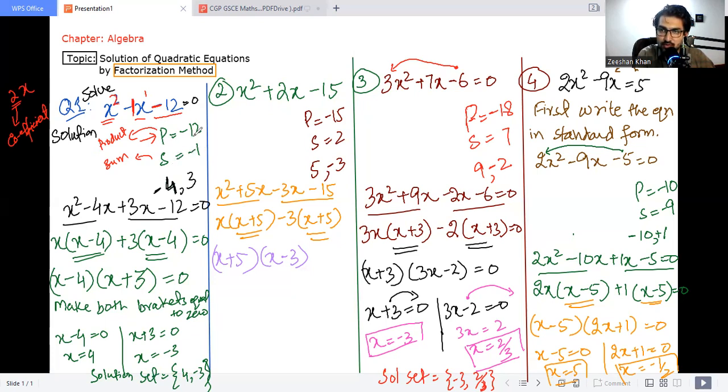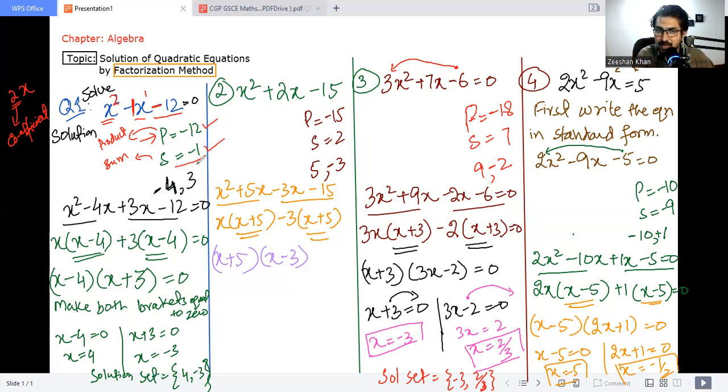So P is minus 12 and S is -1. Now we will choose two numbers. When we multiply those two numbers, we get -12. And when we add those two numbers, we get -1. This is the point where you will think about those two numbers to find.